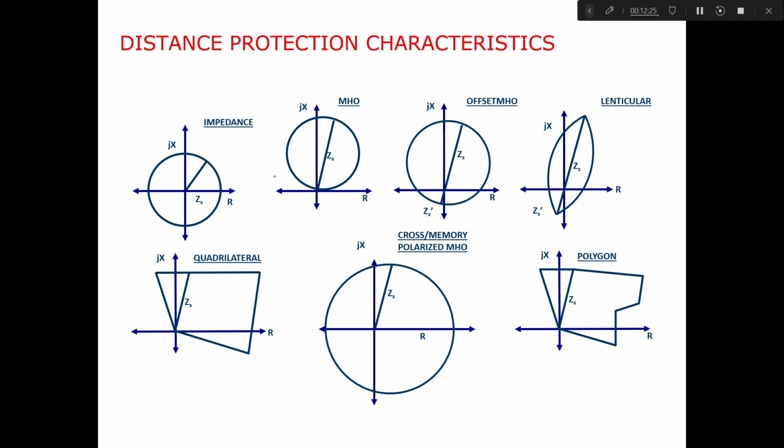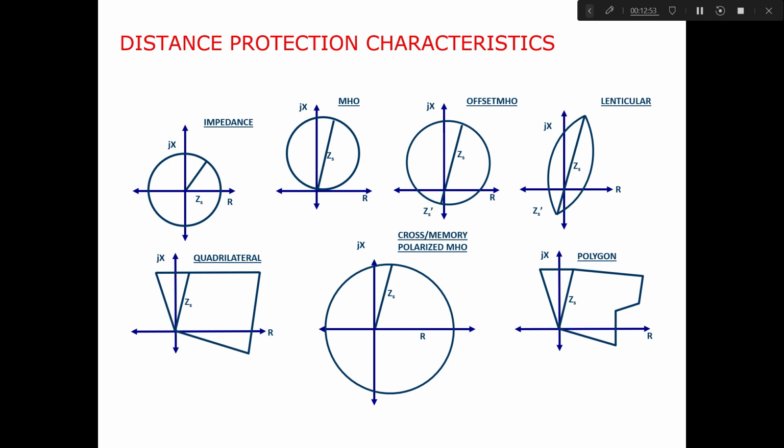So we move on to the next characteristic, which is the mho characteristic. It is inherently directional. The only thing is that now the circle is shifted so that it is drawn passing through the origin, and now any fault in the forward direction only will be detected by the relay. No fault in the reverse direction will be detected by the relay. But the limitation is that suppose there is a fault closer to our local bus, a three-phase fault.